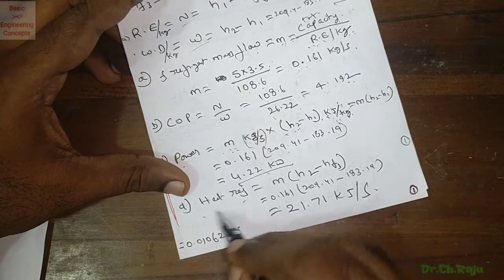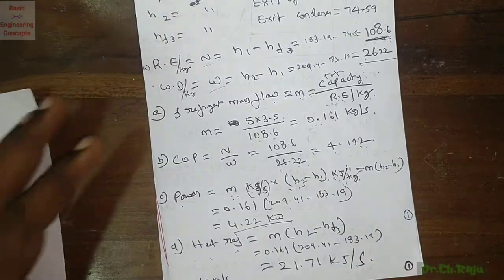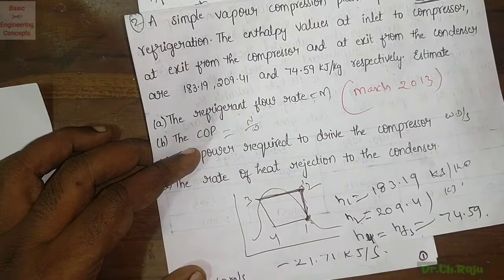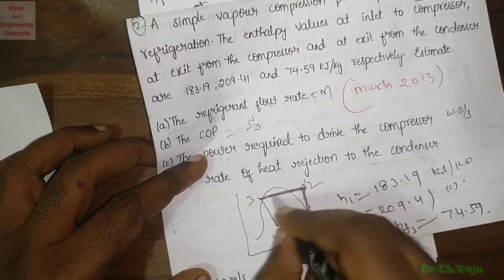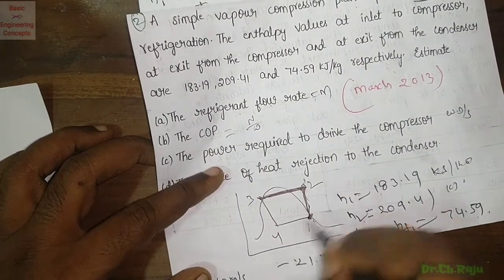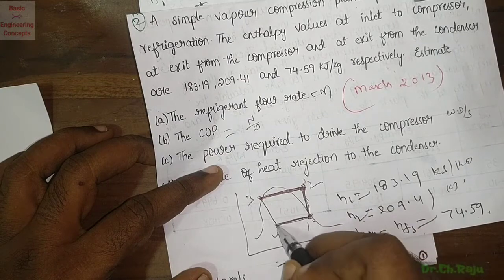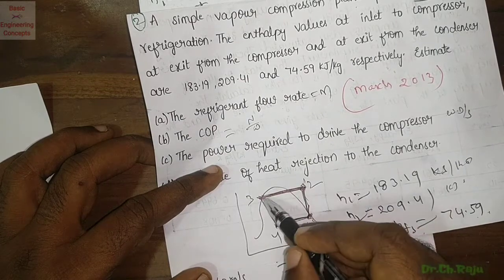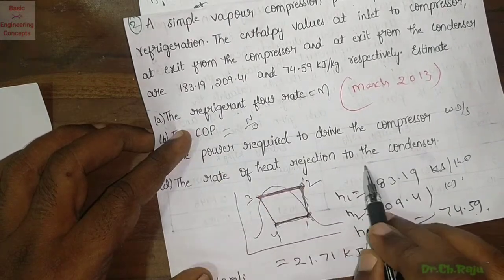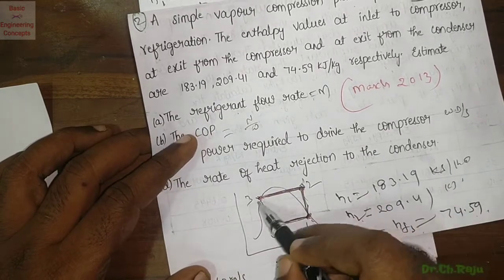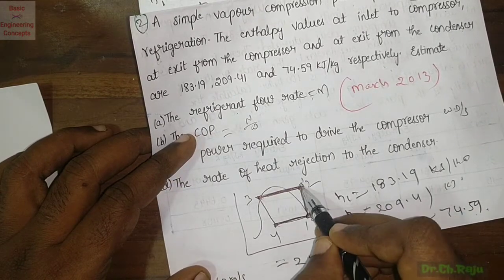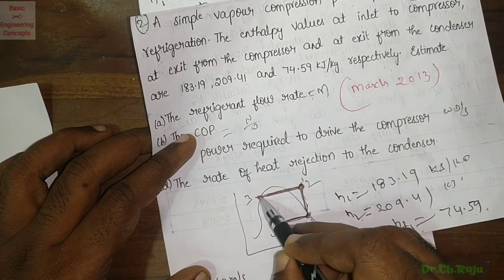Next, the heat rejected. Heat is rejected in the 2-3 process, that is in the condenser, and heat is absorbed in the evaporator. So the rate of heat rejection in the condenser is H2 minus H3. This is the higher enthalpy and this is the lower enthalpy.